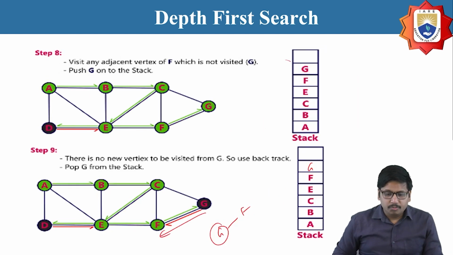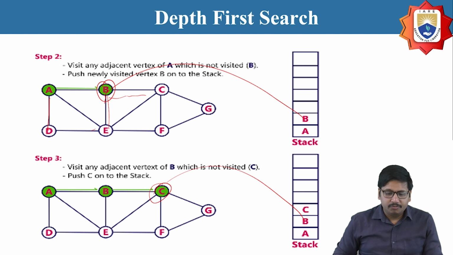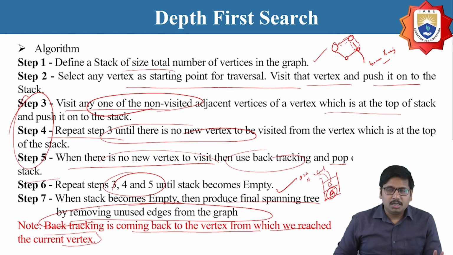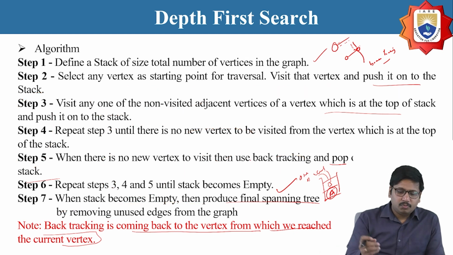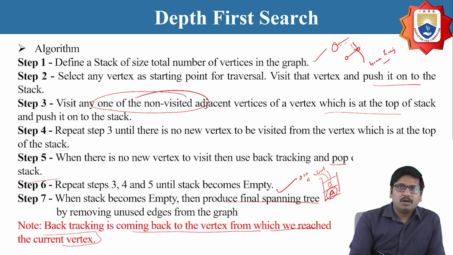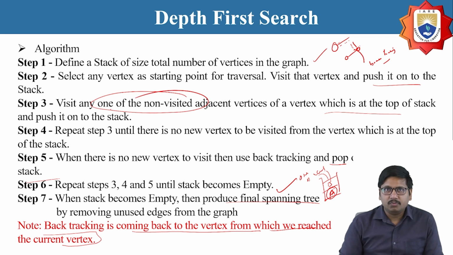So that should be about depth first search. With regard to the algorithm, it is also quite easy. The only difference is that steps 3, 4, and 5 are changed when compared between BFS and DFS. In BFS, we have to consider all adjacent vertices, but in DFS we consider only one of the adjacent vertices. We repeat step 3 until we remove the top contents of the stack.